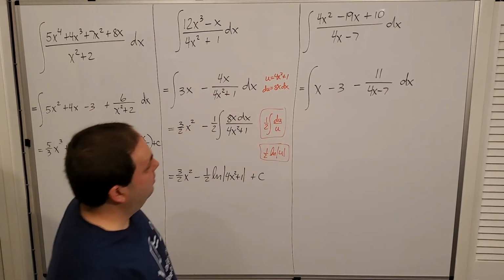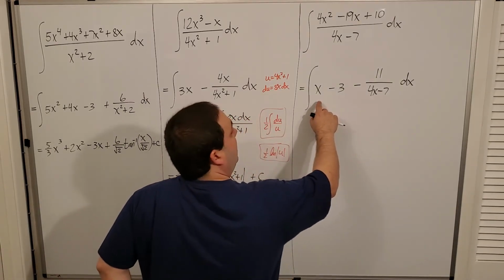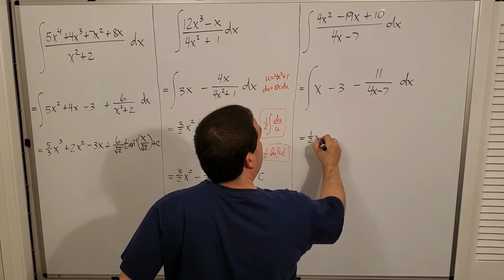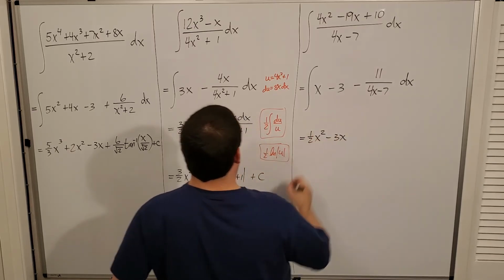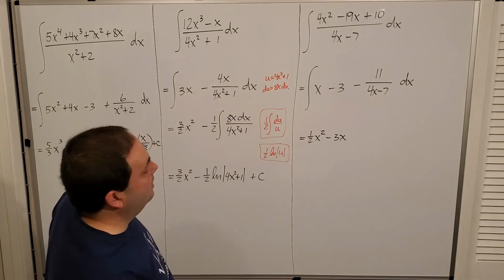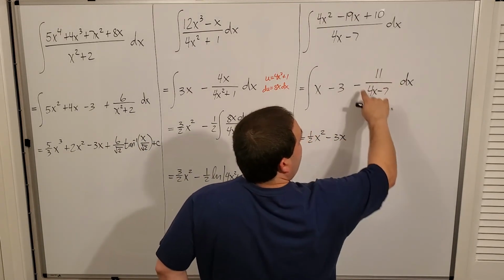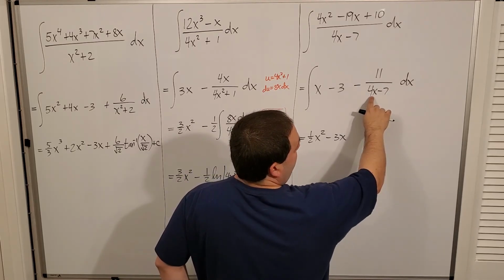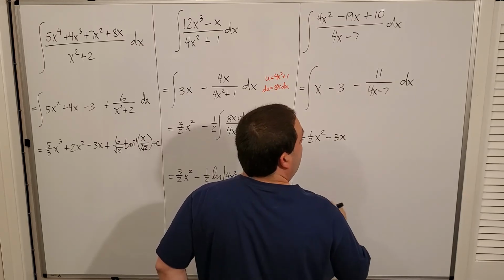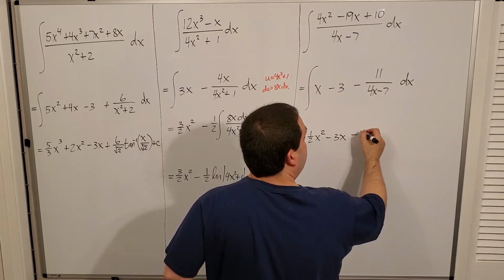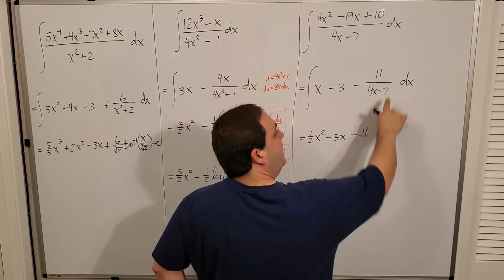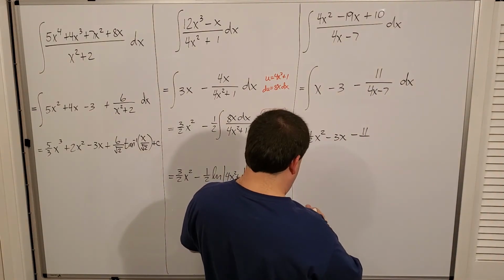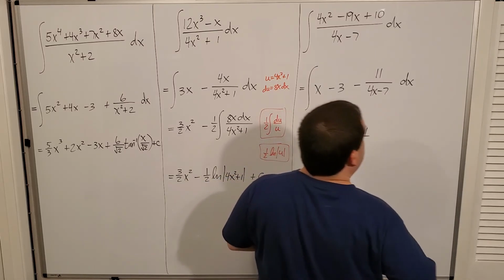Very similar over here. I've got my power rules for this guy. So 1/2 x squared minus 3x. And then again, this is going to be a logarithm substitution. The derivative of the inside is 4. So I need to pull the 11 out, so that'll be times 11. And I need to have a 4 dx to do this substitution, right? Let me go ahead and write out the steps.